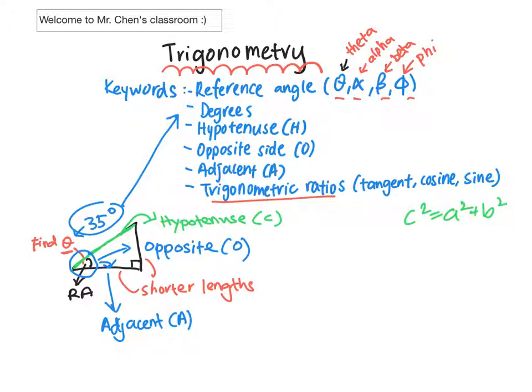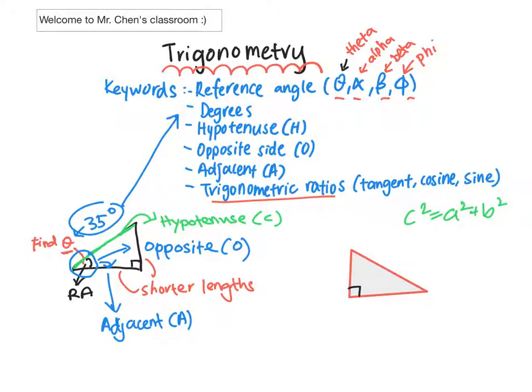So let's make another right angle triangle. This time I'm going to make it a bit better. Let's pretend the right angle triangle is on here this time, and that's the 90-degree angle.